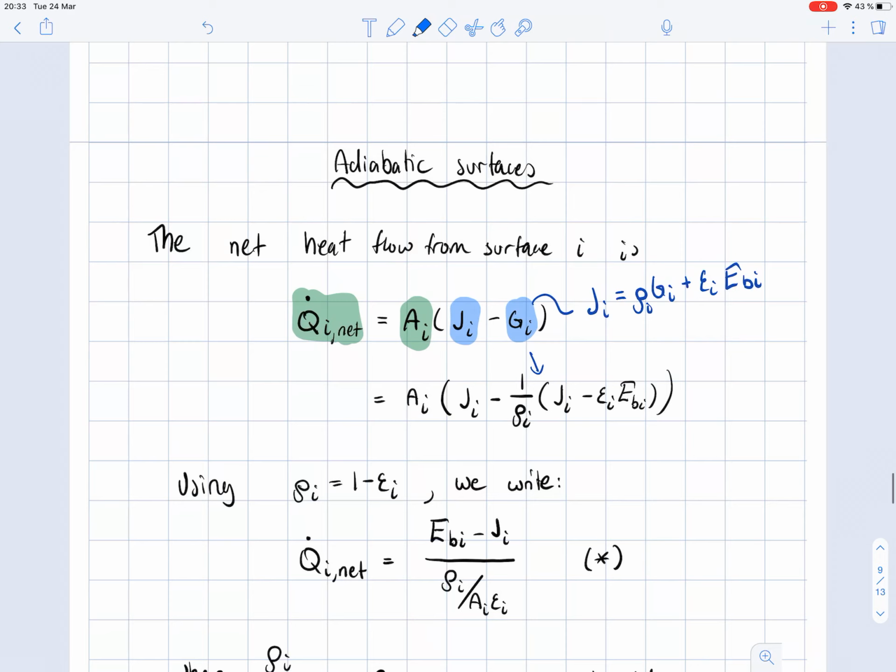So what we can do here is substitute this G with this one, and we get this expression instead, which then depends upon the radiosity and the black body emitted radiation.